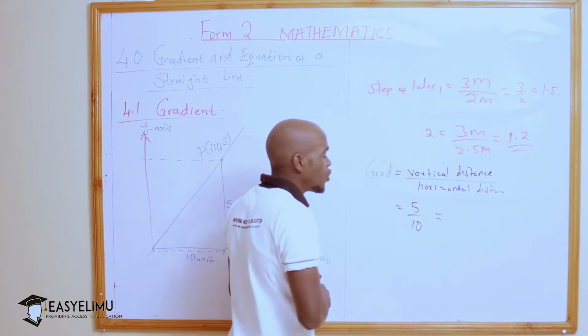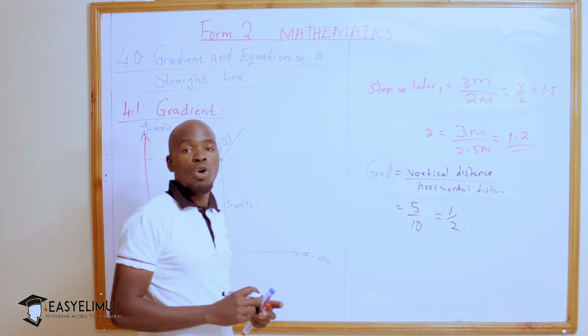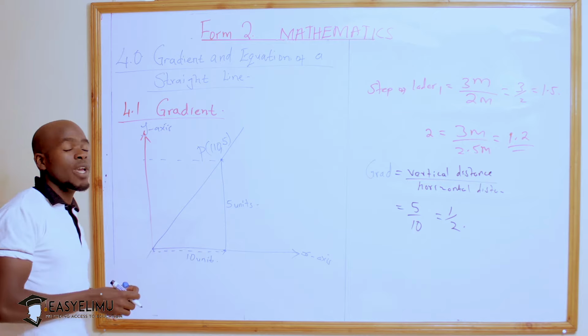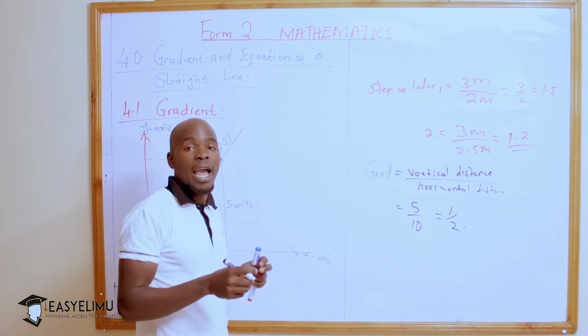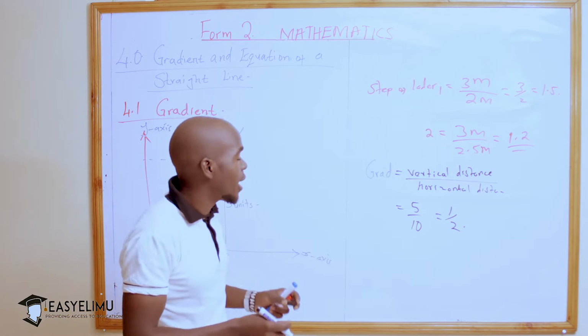If you work it out, the gradient of that line will be equal to a half. That is how we find the gradients of given lines running through the origin in a Cartesian plane, only by identifying 2 points on that line.